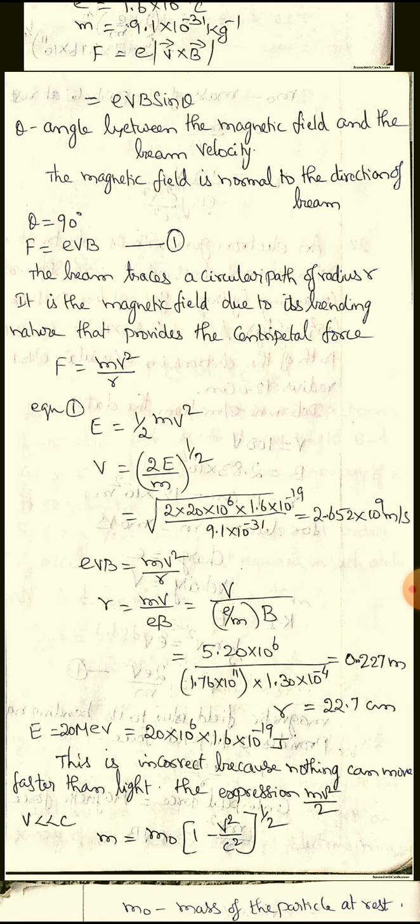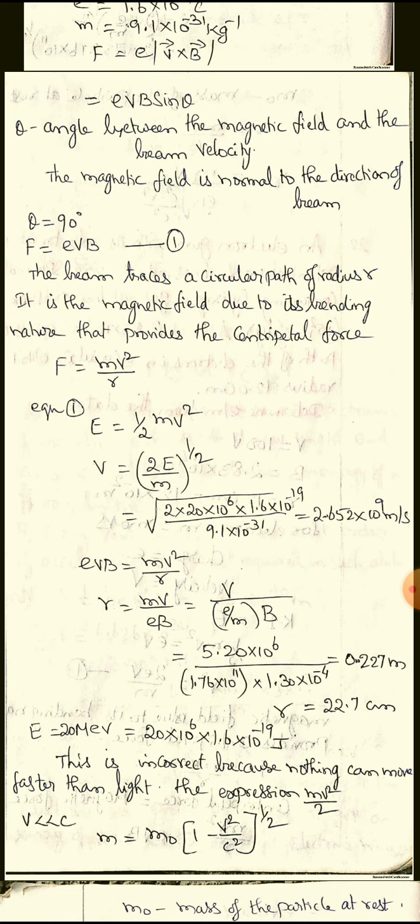The e by m value is 1.76 into 10 to the power of 11, and B is given as 1.30 into 10 to the power of minus 4. Substitute these values and you will get the answer as 0.227 meter. If we convert it into centimeter, R is equal to 22.7 centimeter.